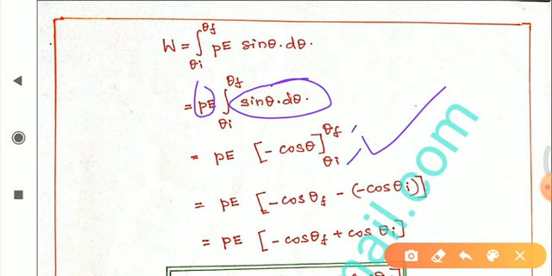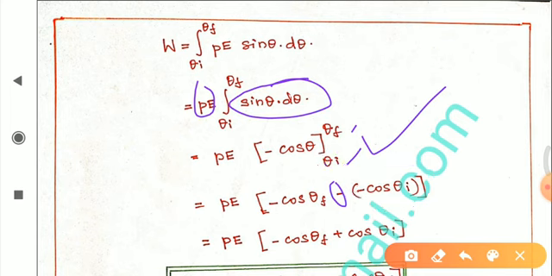Already we have discussed integration in the 11th standard. First we have to substitute the final, upper limit. So minus cos theta, where instead of theta we substitute theta f. Then minus the lower limit, where instead of theta we substitute theta I. The function is already given: minus cos theta, so minus of cos theta I, that is the initial angle.